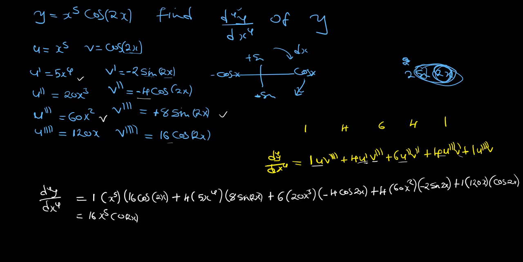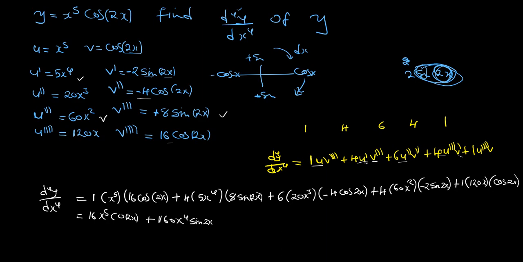Then plus, what is 4 times 5 times 8? That is 160, right? So you write 160 x to the power 4, then sine 2x like that.